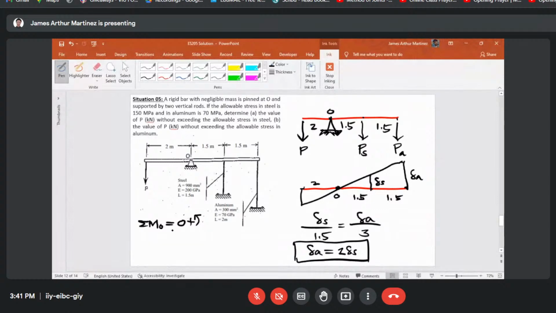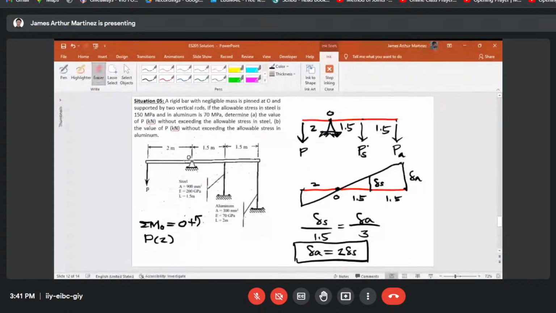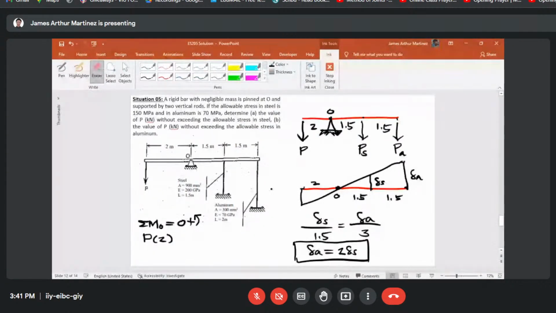So, summation of moment at point O equal to 0. So, force P will create counterclockwise rotation, no? Meaning positive sign convention times 2, its moment arm, no? Minus PS. Since PS will create clockwise rotation with respect to point O, that's why negative ang sign convention for PS times moment arm 1.5, as well as PA, no?